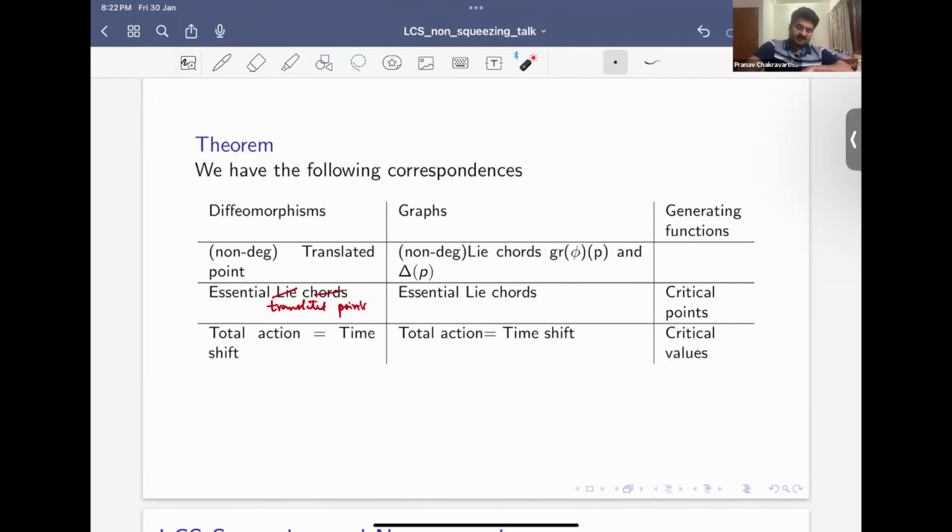Finally, the action, which is also equal to the time shift because we're looking at essential translated points, translates to the action and time shift of the Lie chords between the graph and the zero section, and they correspond to critical values of the generating function.